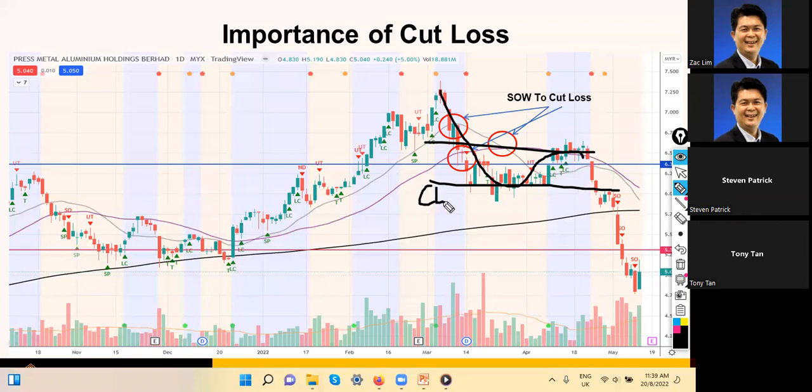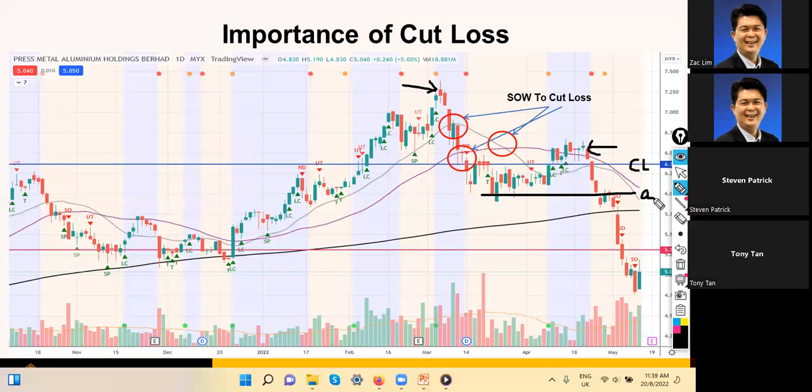Your cut loss level is actually your support here. You just draw a line. For Press Metal, this blue line is your cut loss if you are entering here. But if you are entering here, then your cut loss will be here. So it depends on where your entrance is and where your risk is.